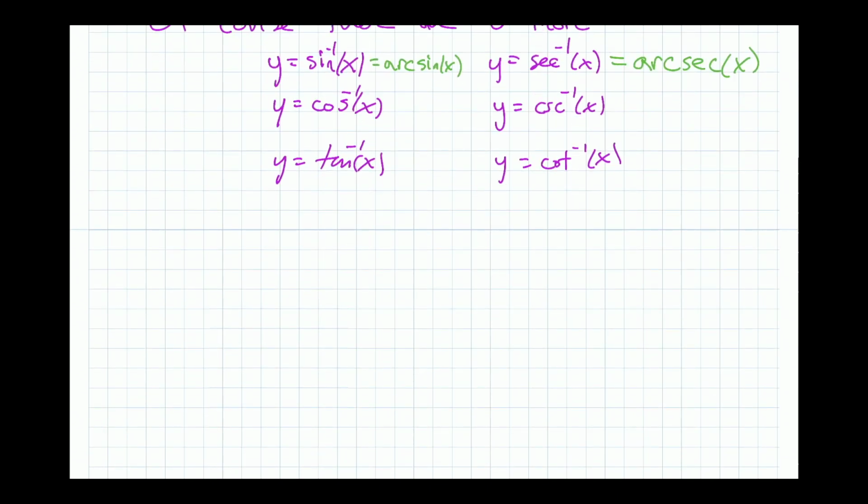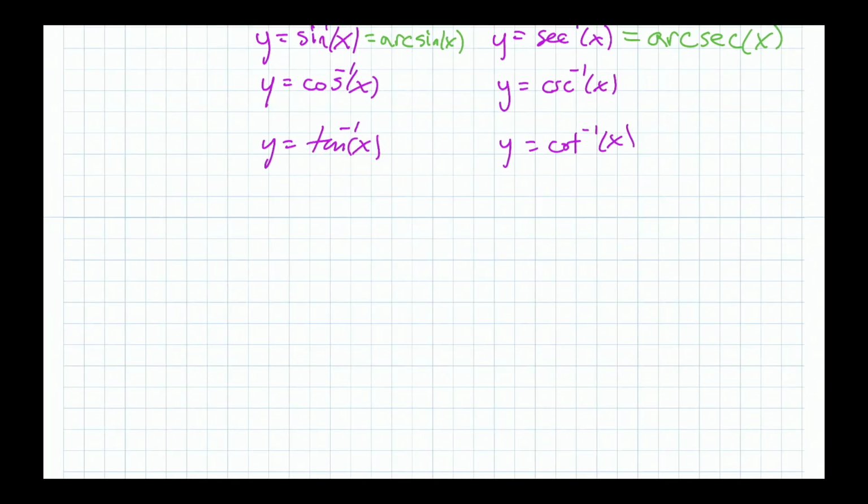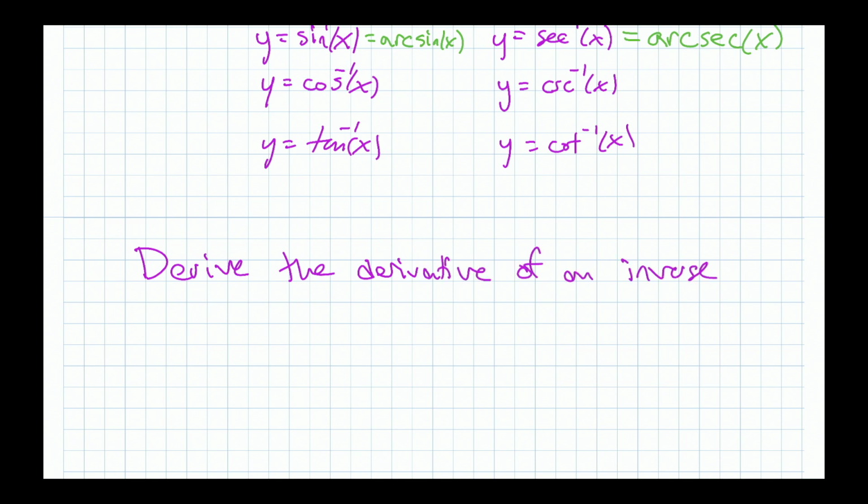So the way you're going to find derivatives is, you're just going to use the rule that we just came up with on the derivatives of an inverse function, pretty much. So derive the derivative of an inverse trig function.